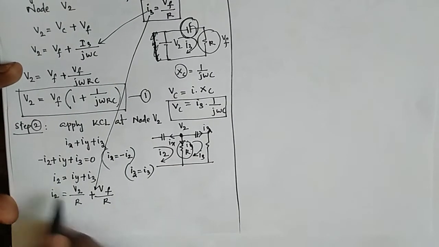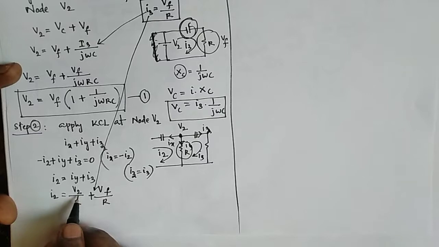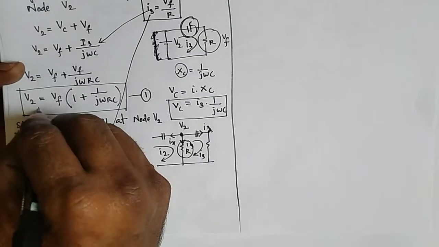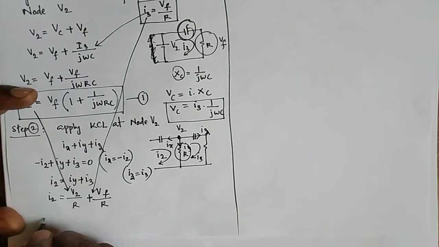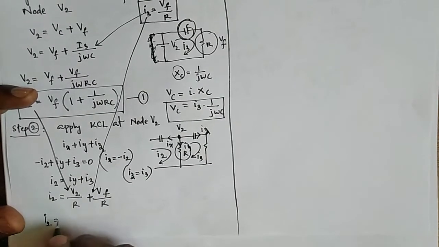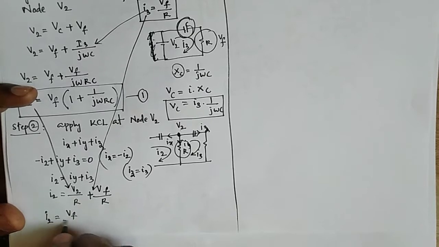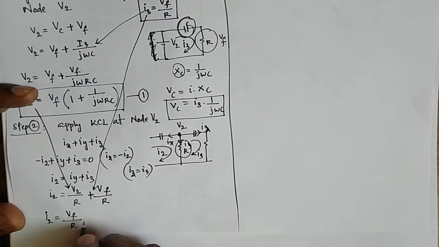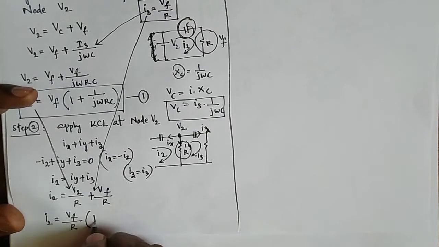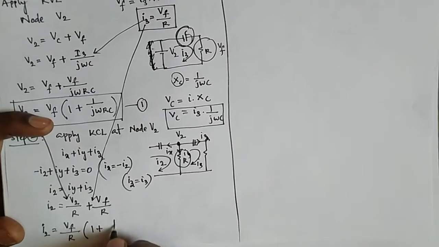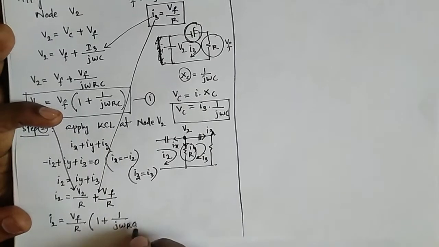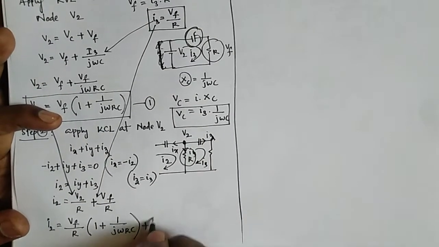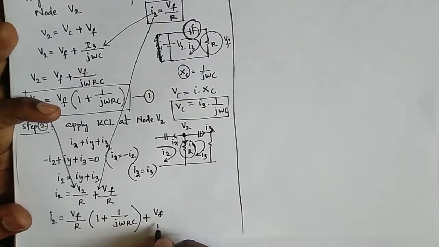Now the previous function, the V2 value, that is equation number 1, is substituted in this. Then the final expression is I2 is equal to Vf by R into 1 plus 1 by J omega RC, plus Vf by R.